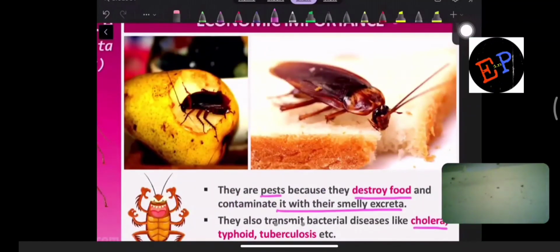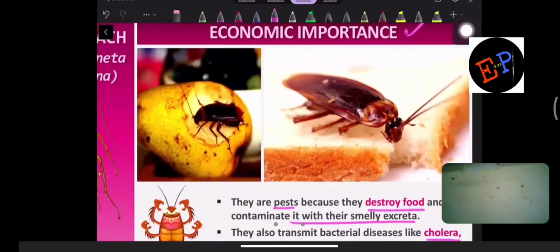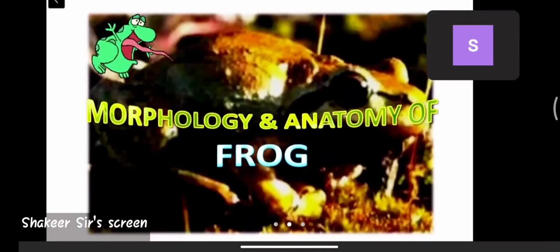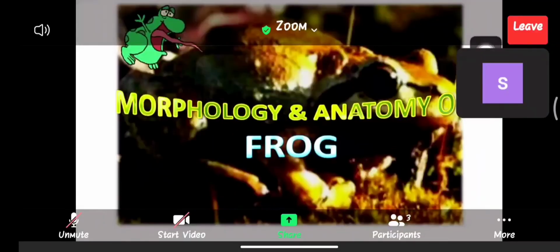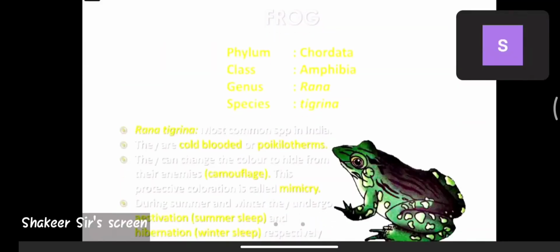So tomorrow we will study the structure of frog, its morphology and its anatomy also. Okay, that's it. The anatomy and morphology of frog, ma? So let us try to understand this one. What is the name of the species of frog? Tigrina. Clear, no?